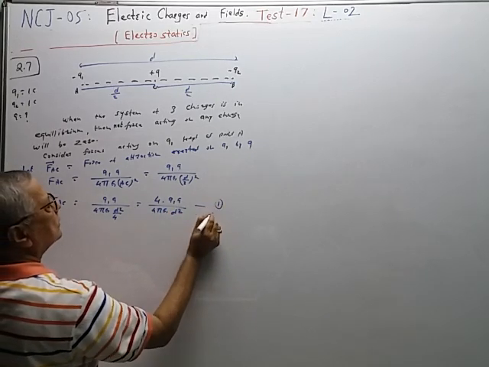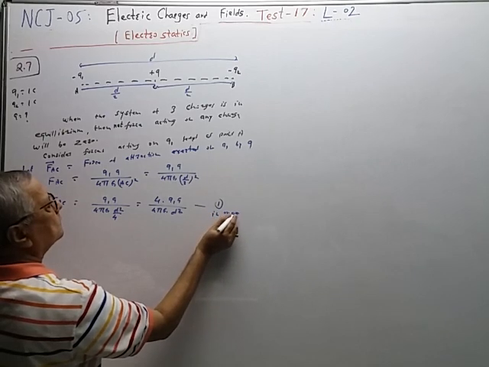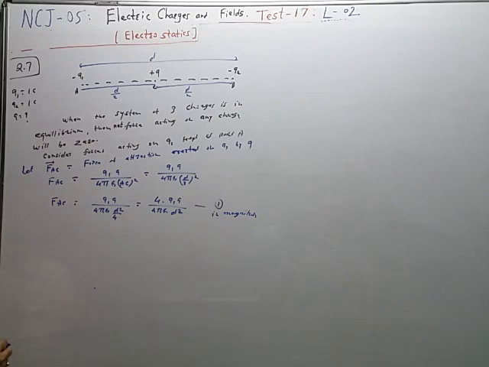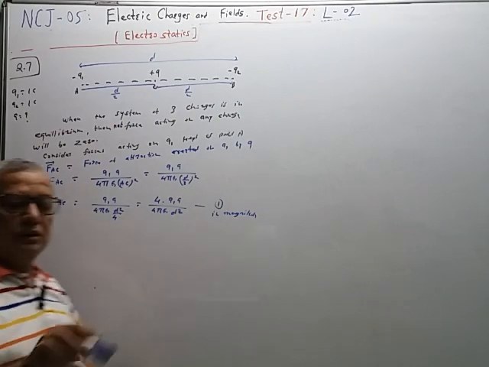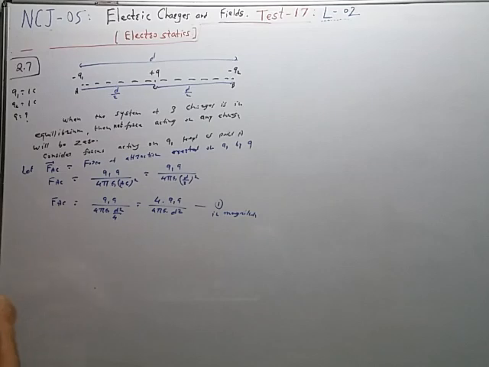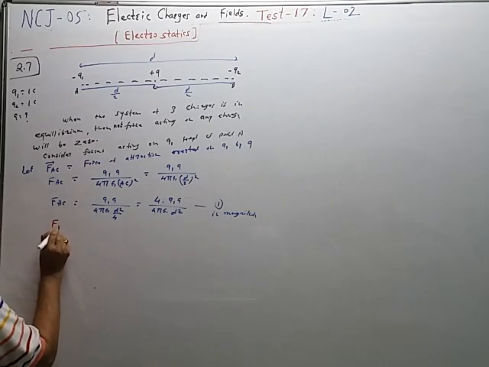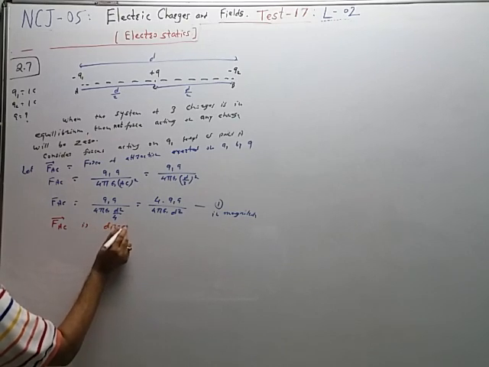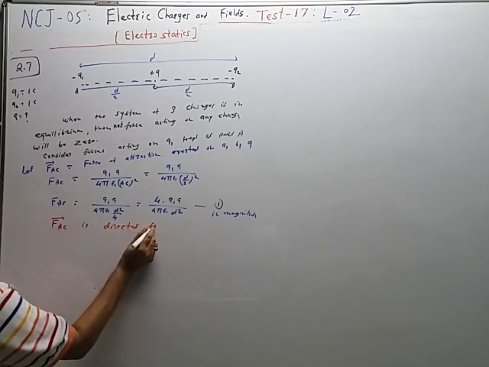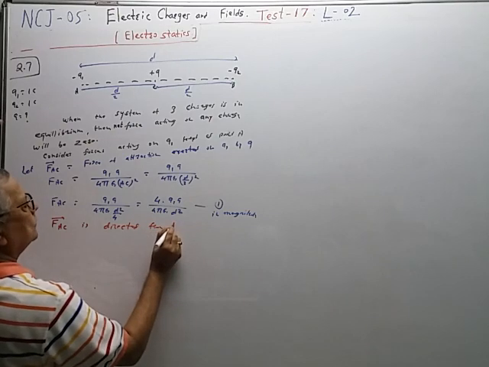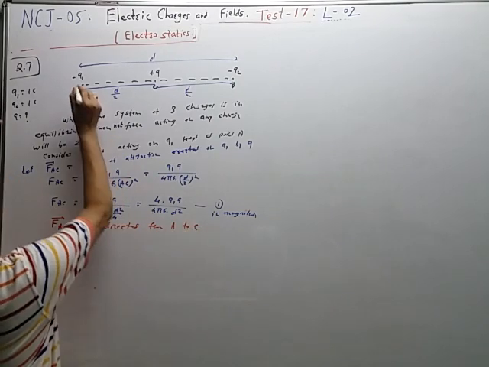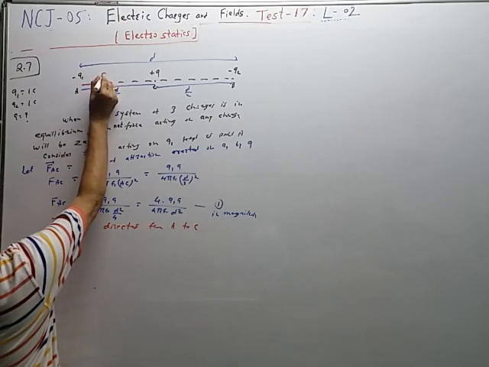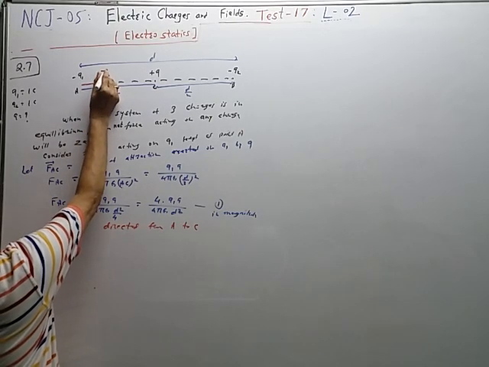This is equation 1 in magnitude. So this FAC is directed from A to C.